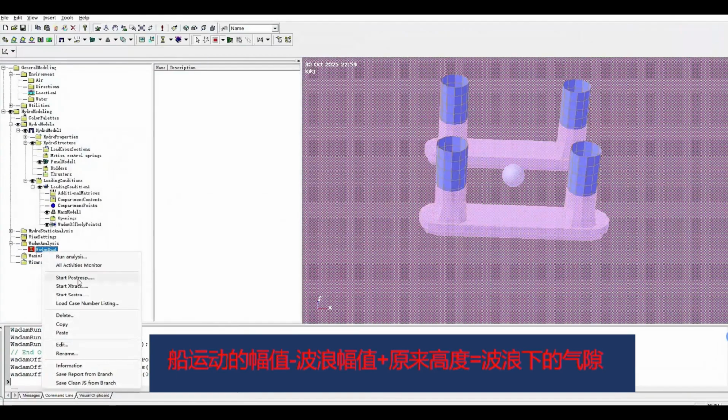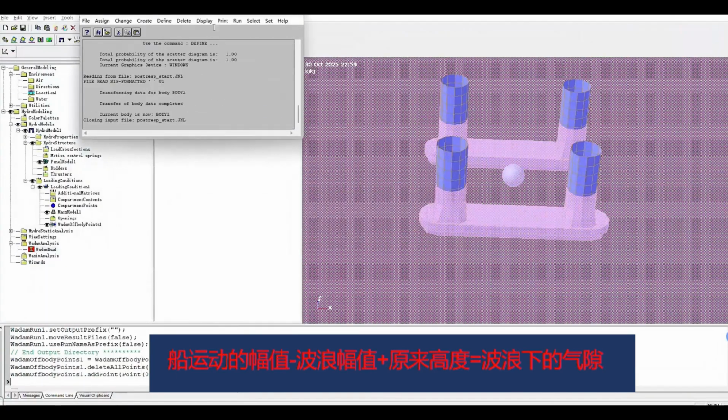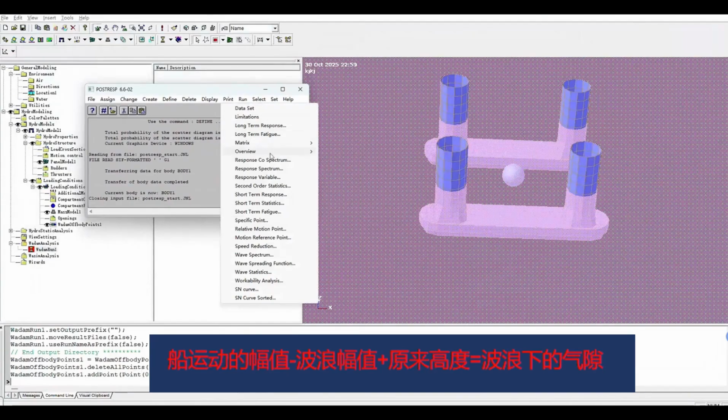Then open post-processing and take a look. See what's different from before.